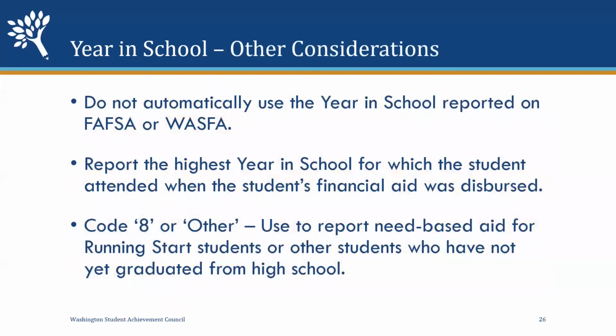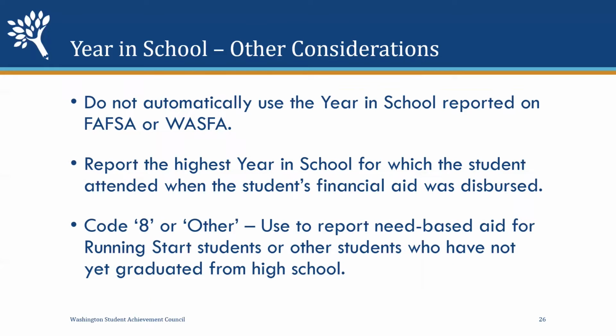Other considerations for year in school: don't automatically use the year in school that the student reported on the FAFSA or WSFA. It's self-reported, as you know, and very often it is not correct. Report the highest year in school the student attended when the student's financial aid was disbursed.